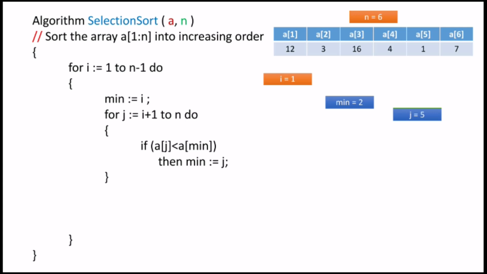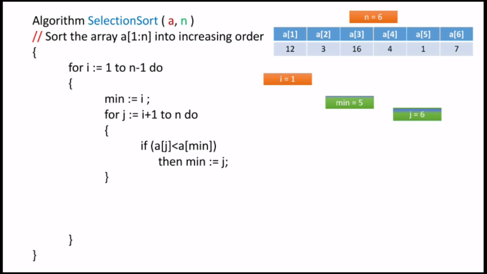So in this condition 1 is less than 3. That means condition is true, and because condition is true, the min value will be changed. So now the value of min is equal to j, that is min equal to 5.